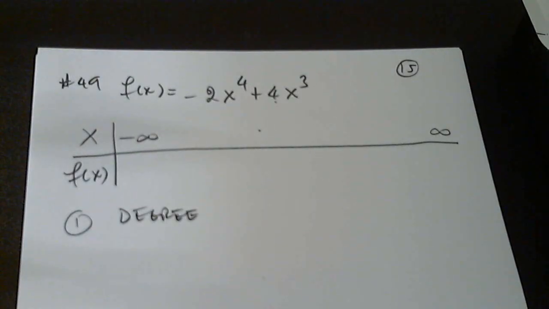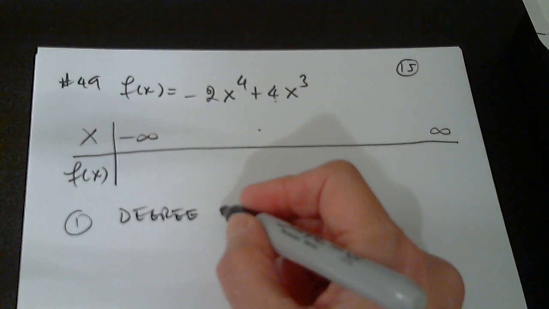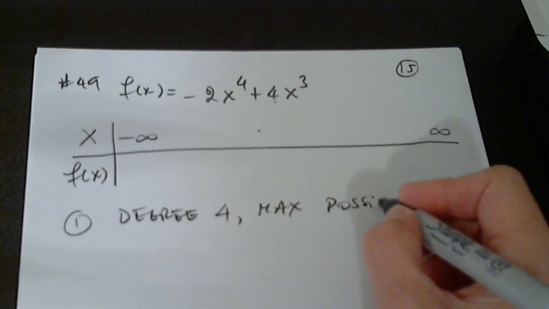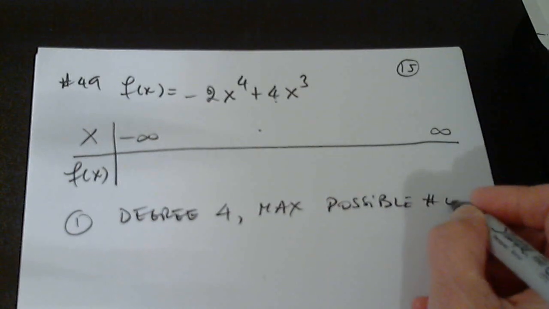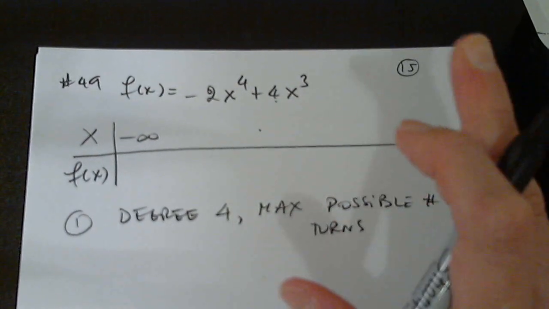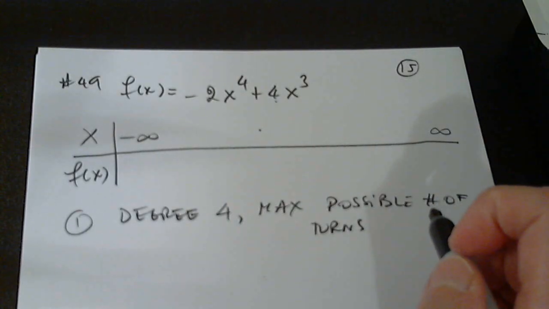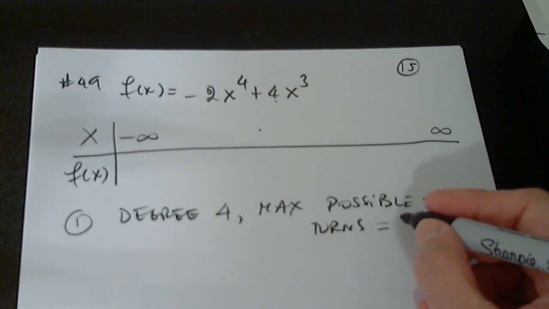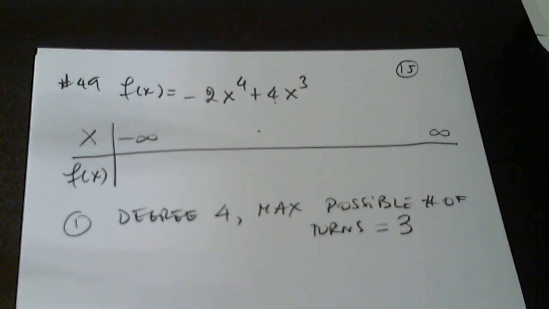Can anyone give us the degree of this polynomial? 4. 4, very good. Max possible number of turns, or in other words, max min. It cannot exceed. It doesn't have to have all of them, but it cannot exceed how many? 3. Excellent. Good.